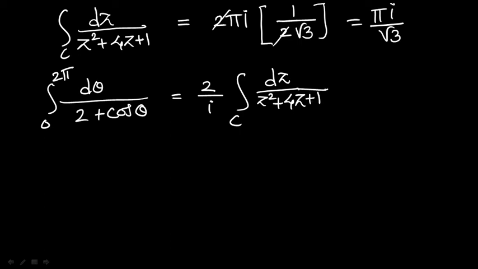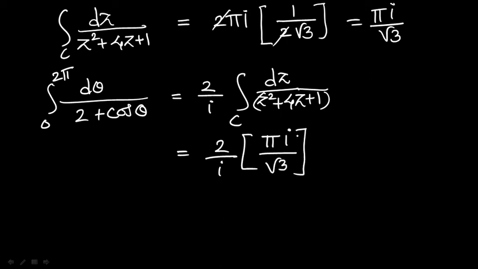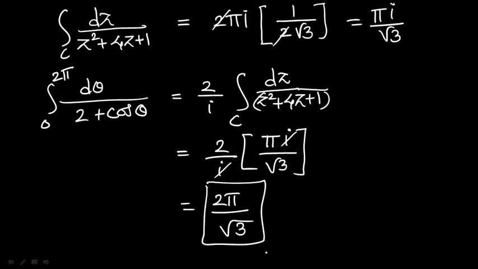Therefore, we substitute the value here and find the final answer: 2 upon i into pi i by root 3. Here i gets cancelled, giving 2 pi by root 3, which is the required result. In this way, we solve the problems of contour integration. Thank you, students.